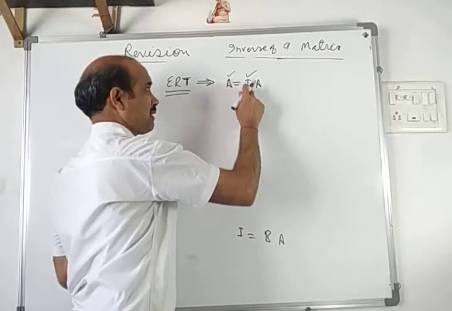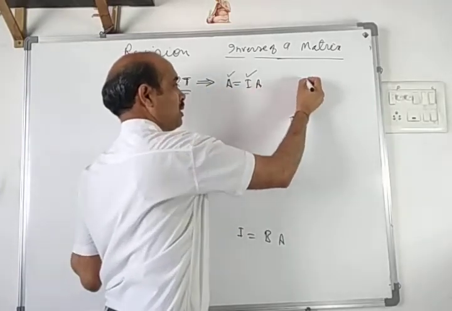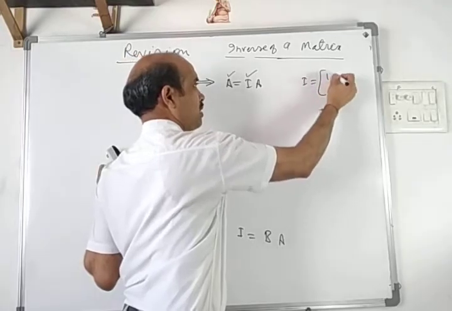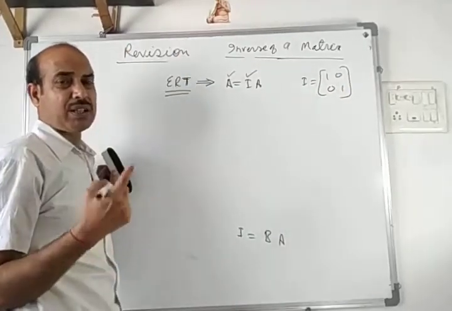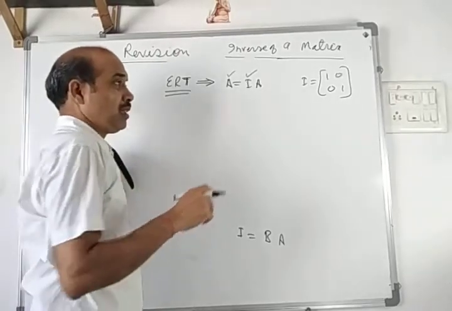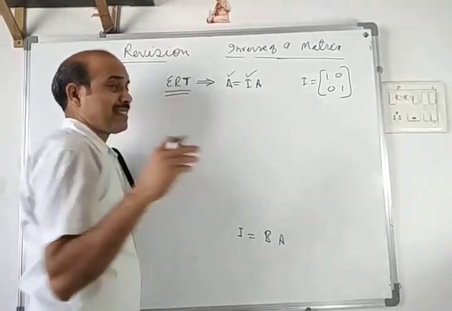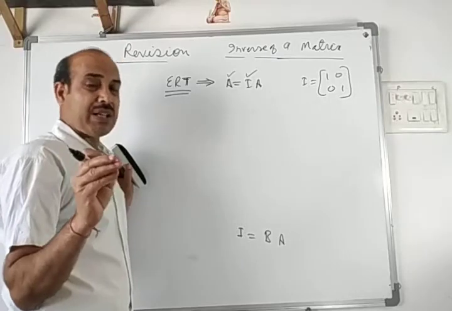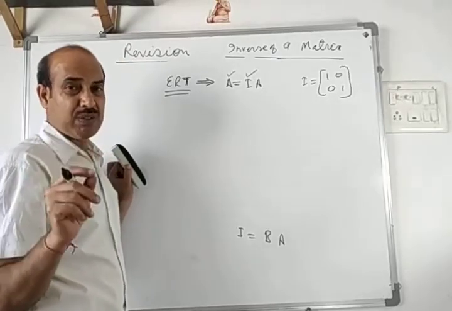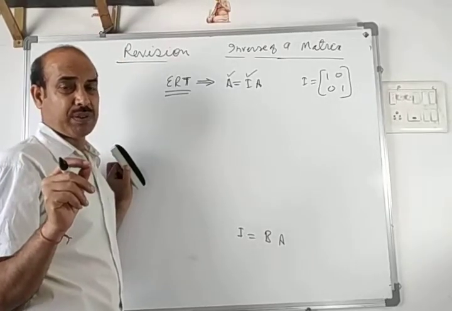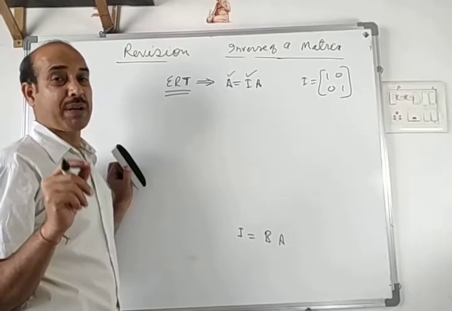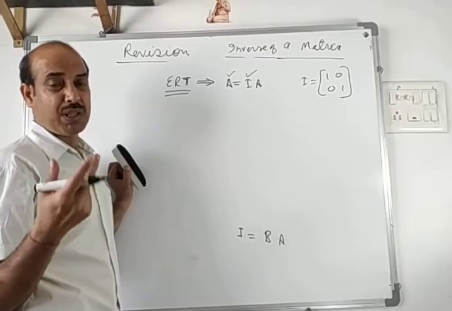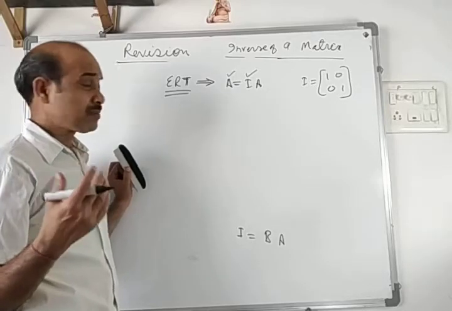Identity matrix is, if it is 2 by 2, 1 0 0 1. The matrix whose diagonal elements are 1 and non-diagonal elements are 0. And always the inverse of any matrix is possible when the matrix is a square matrix, 2 by 2, 3 by 3, 4 by 4.